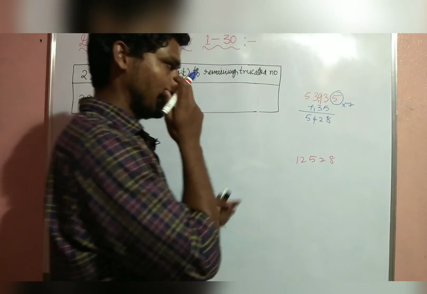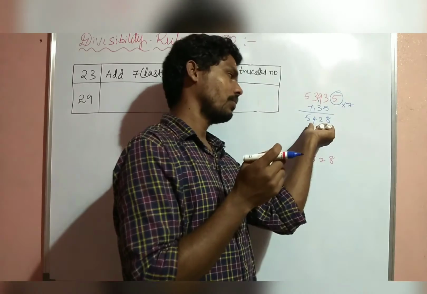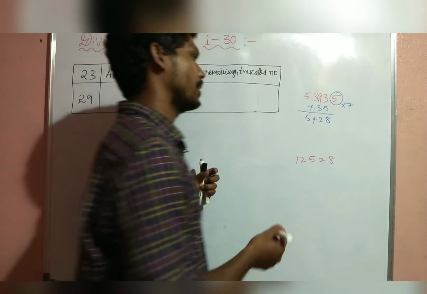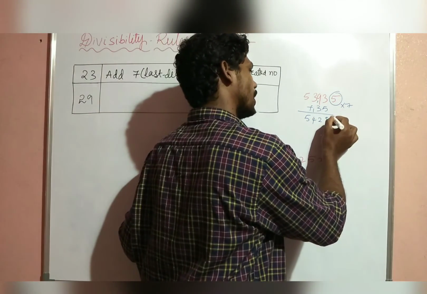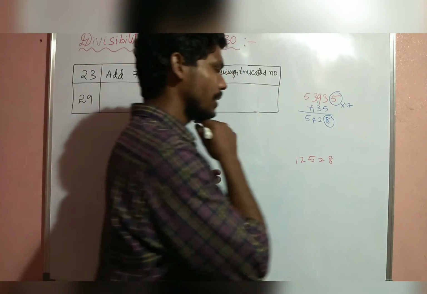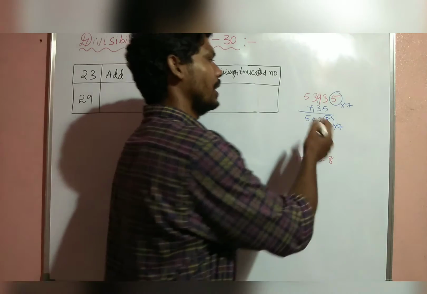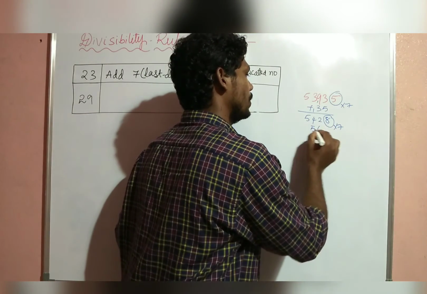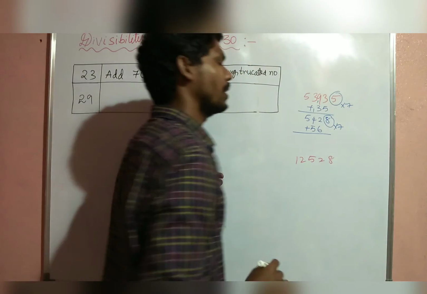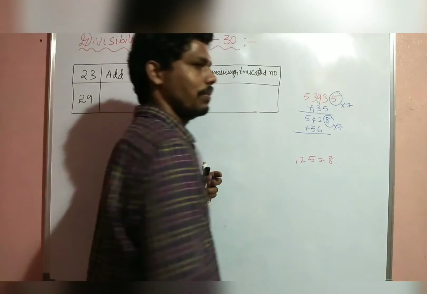Again we got a 4-digit number which is a little large, so repeat the process. The last digit of the result is 8, multiplied by 7: 7 eights are 56, added to the remaining truncated number, 542 plus 56.